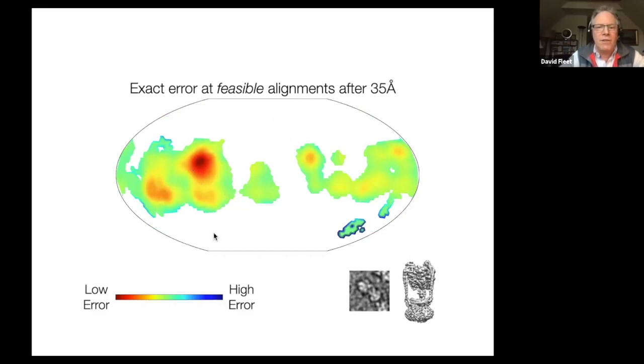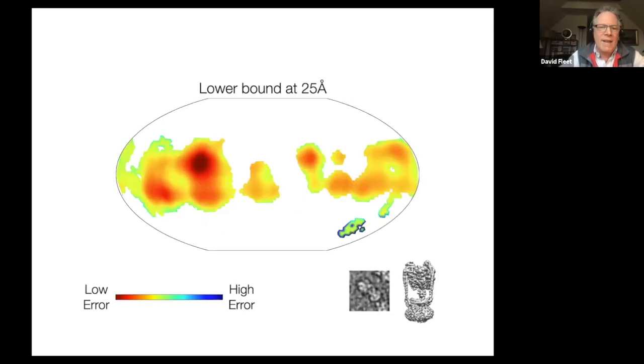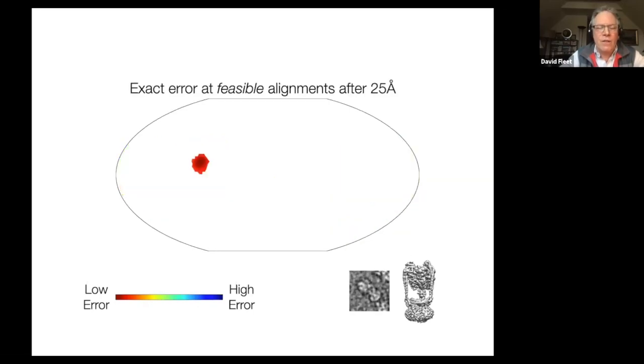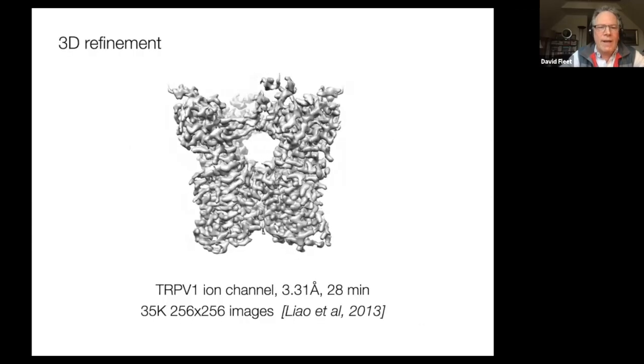We can immediately remove all this area that's white. Then we find the minimum for that, and we get a new bound, and that gives us a new feasible area. We calculate the true error at the minimum of that point, and that gives us a new area, etc.